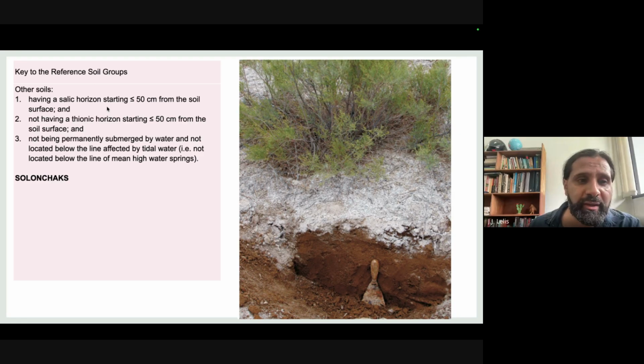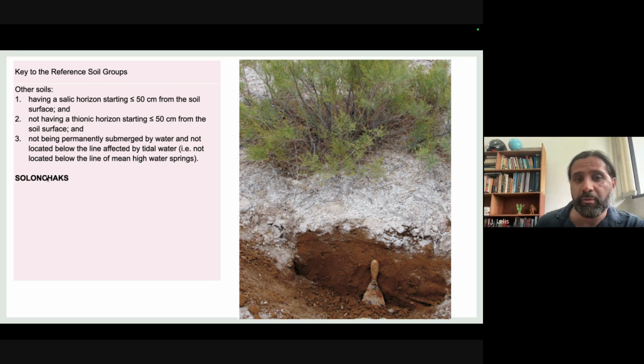Okay, so I cannot see the thionic horizon and not be permanently submerged by water and not located below the line affected by tidal water. So, for example, located below the line of mean high water springs. So the Solonchaks are not those soils flooded by tidal water or any other kind of water.